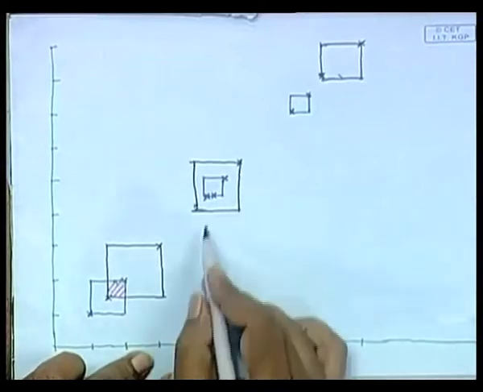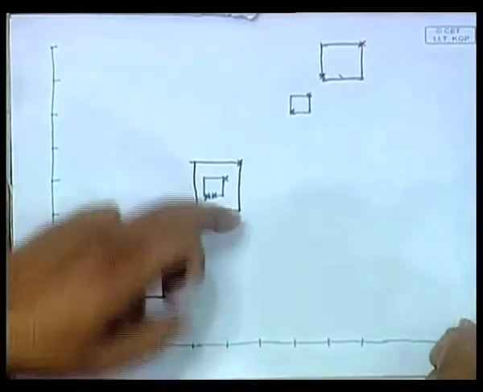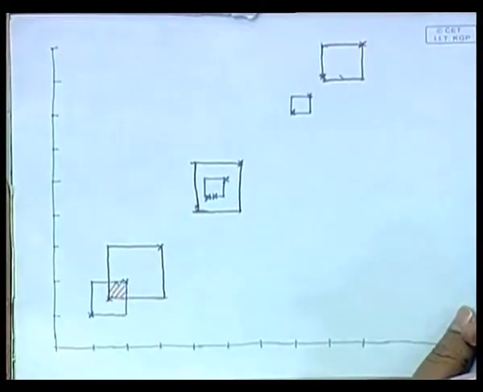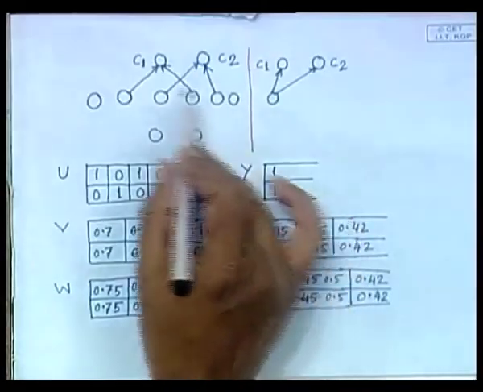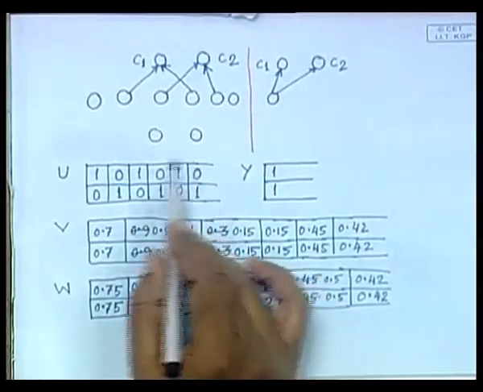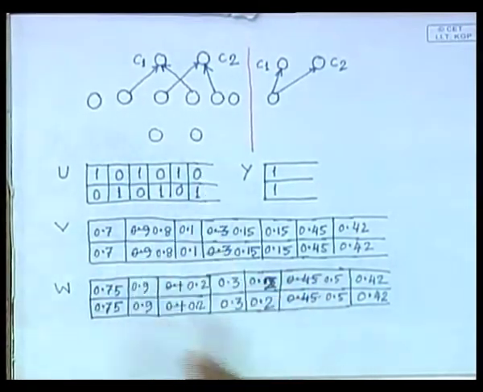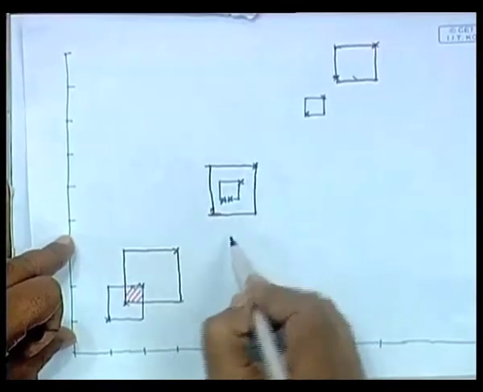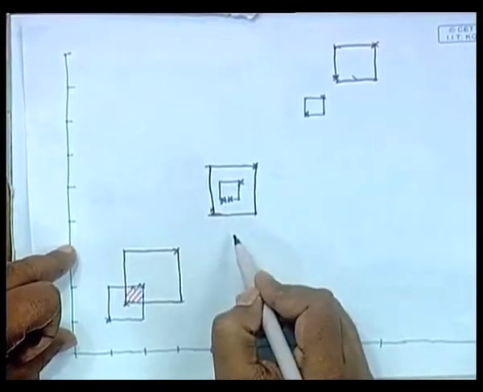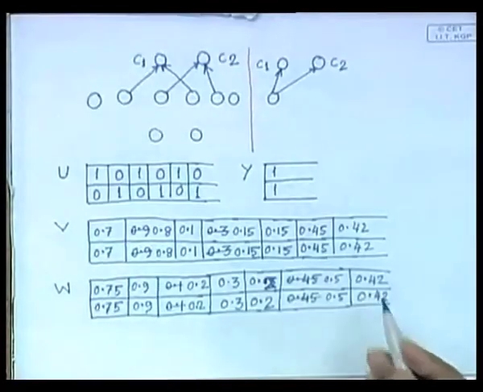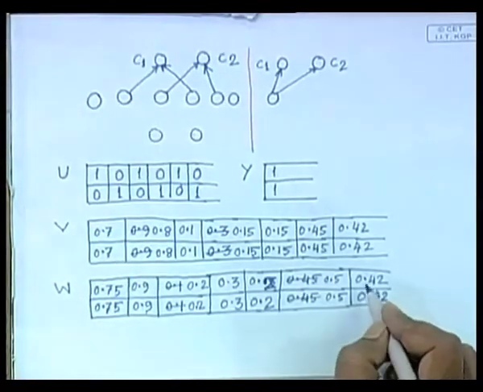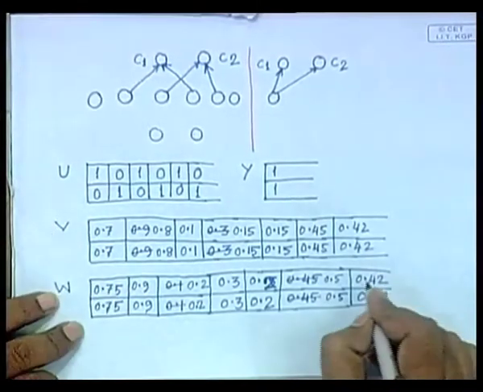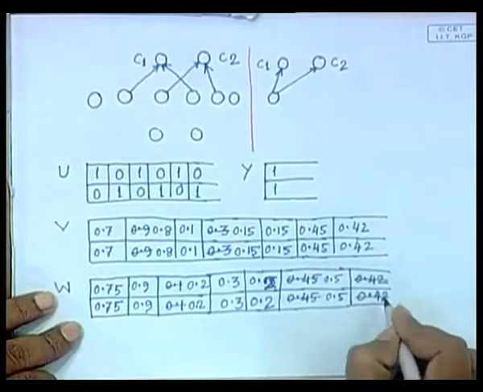Because it is an expansion of the previous hyperbox, I do not have to make any entry in the middle layer of the classification section. So, the classification section neurons remain the same, the U matrix also remains the same, but the change I have to make is in the max point of this new neuron that has been added. When I change this max point, instead of 0.42, it becomes 0.55, 0.55.